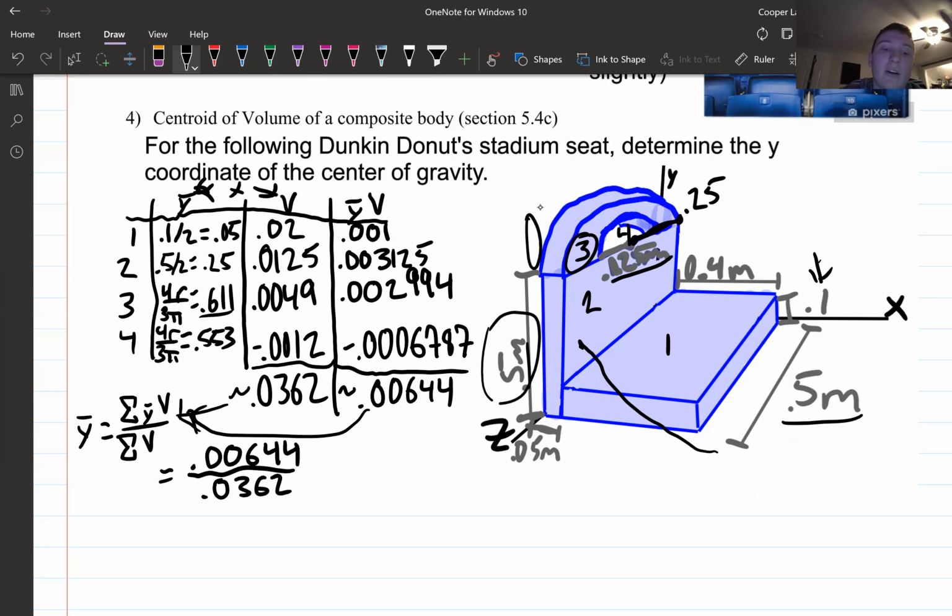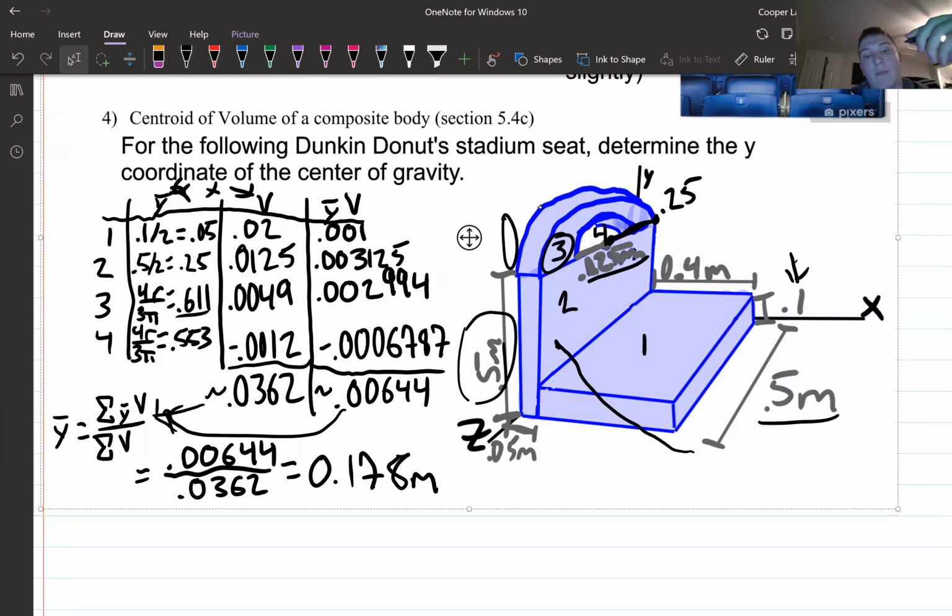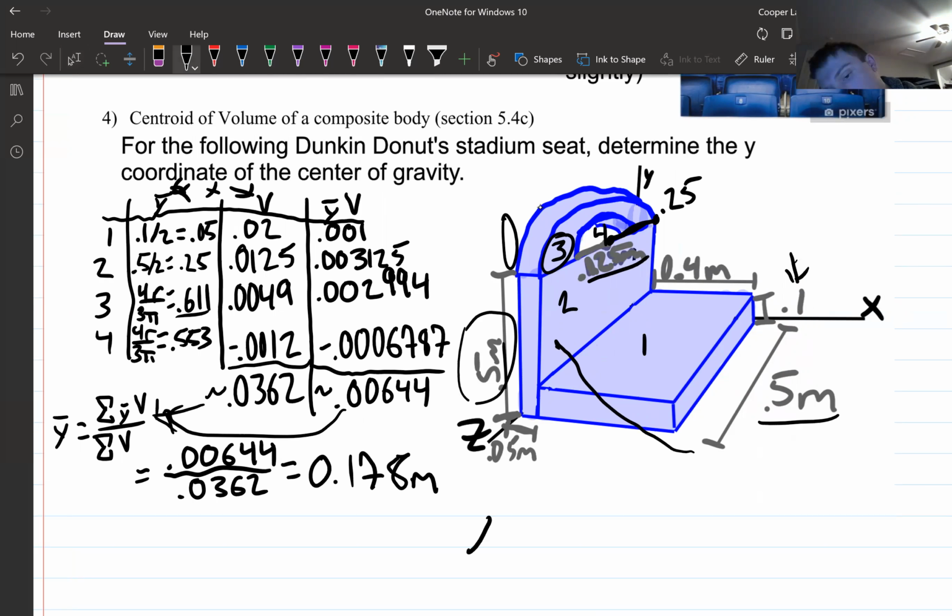And when I do that, I end up getting 0.178 meters. And that is my centroid of gravity in the y direction. So that means y bar equals 0.178 meters. Thank you.